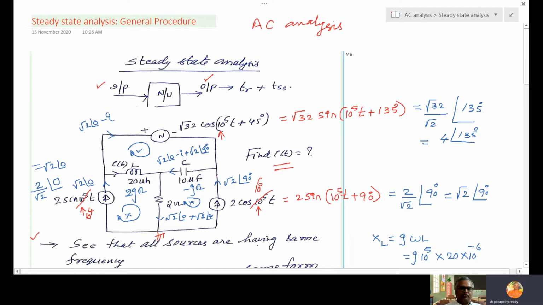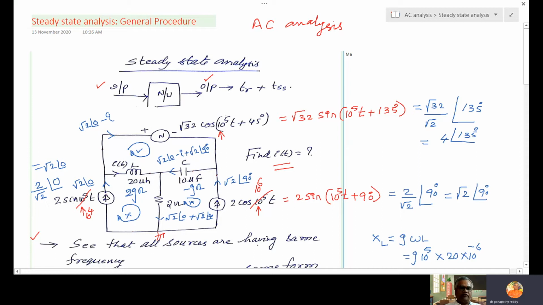First you take the superposition principle. When source frequencies are different, compulsorily we should use only the superposition principle. For the 10^4 frequency, inductive reactance will change, capacitive reactance will change, this voltage source is shorted, the current source is open. It is a single source problem.